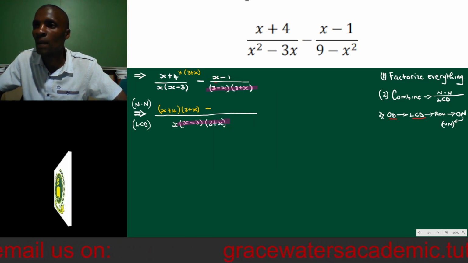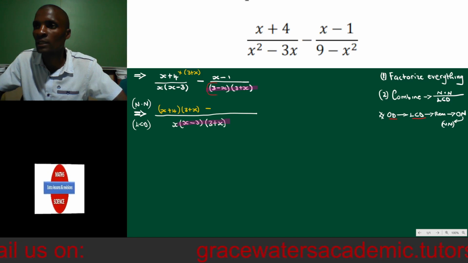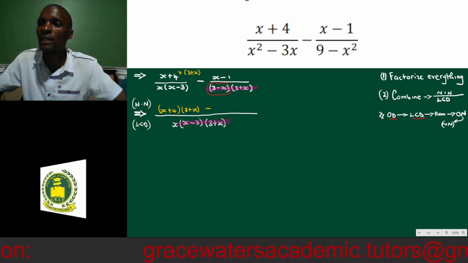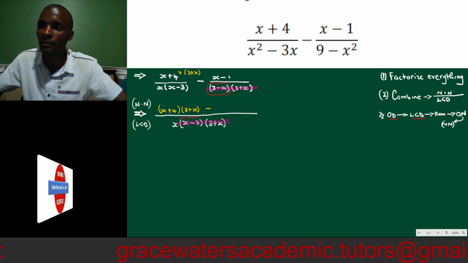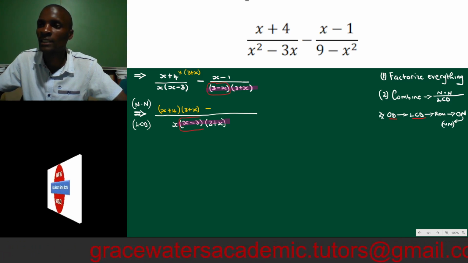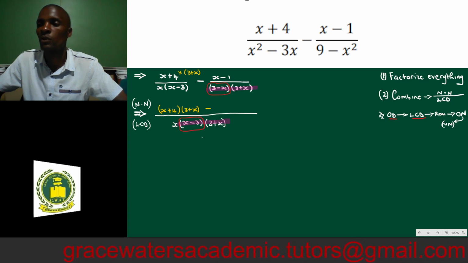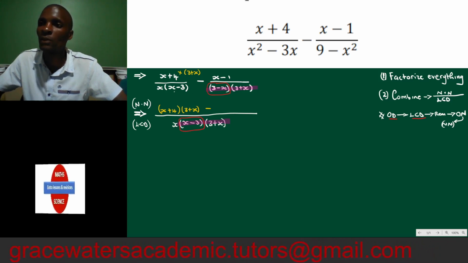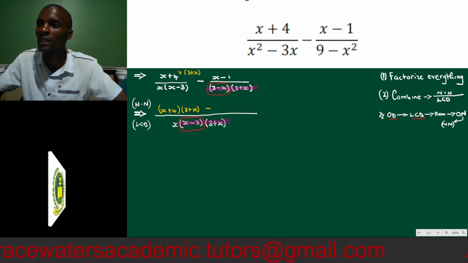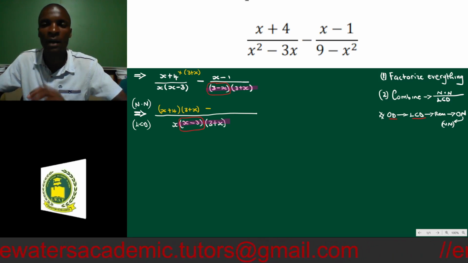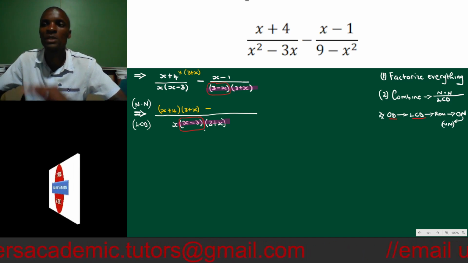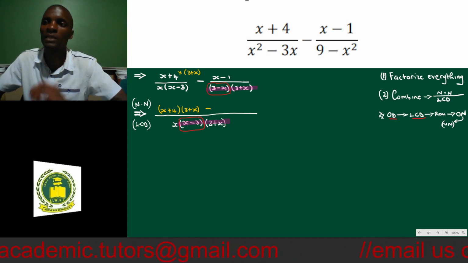So this bracket is saying 3 minus x, and it is dividing x minus 3. You still remember, by the time I was looking for the lowest common denominator, I said we are going to consider x minus 3 and 3 minus x as the same. And then I said, please pay attention later on, because I'm going to give a warning that has to do with that.